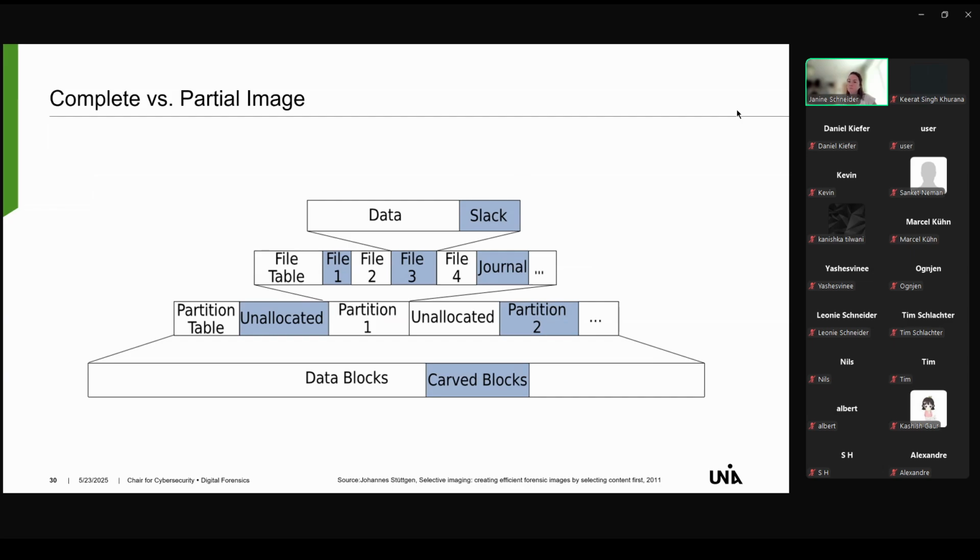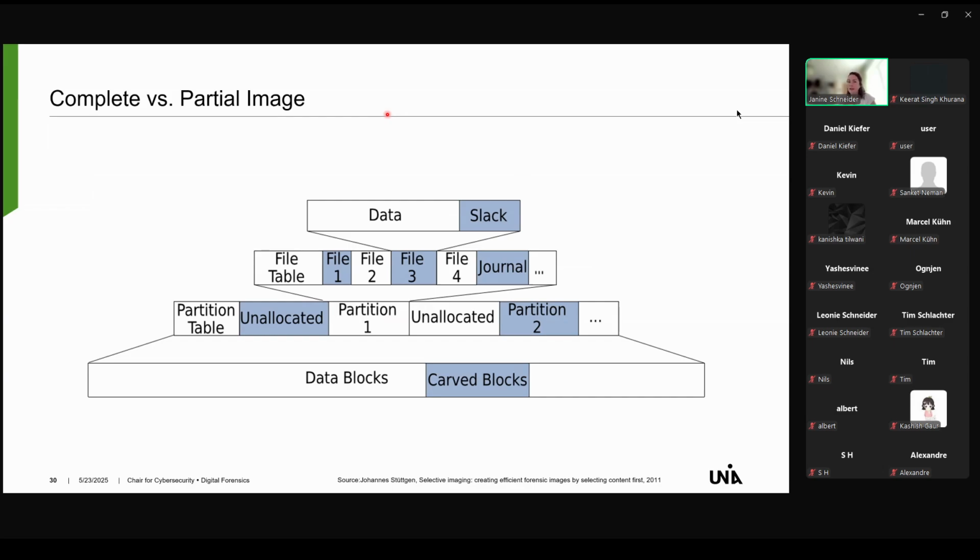And the idea with partial imaging is to prevent a very long copying process where you have lots of unused data or data that you don't need, and also it prevents you from copying things that are actually not important for the case.